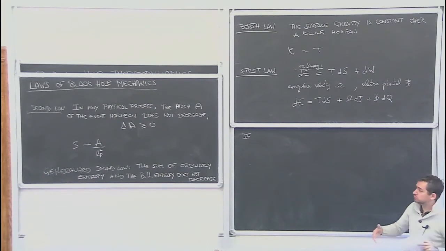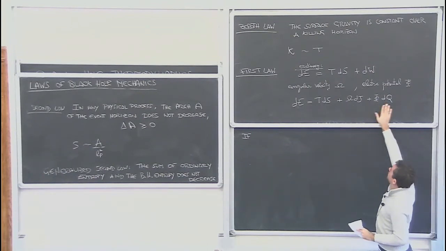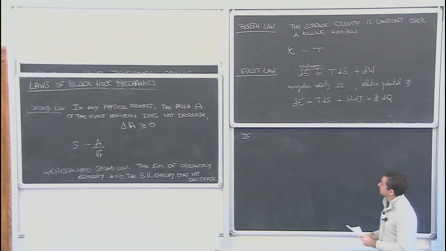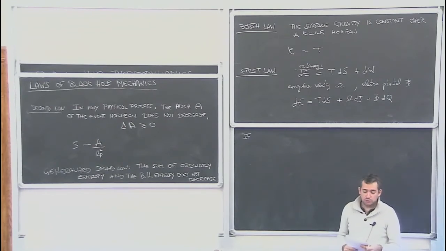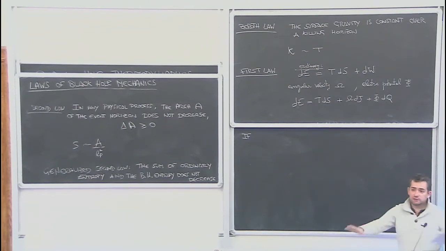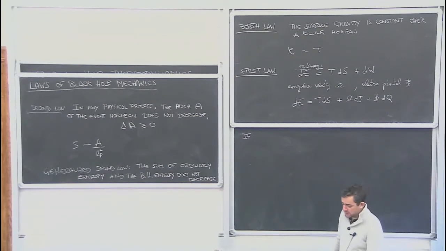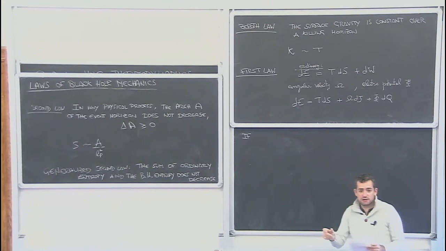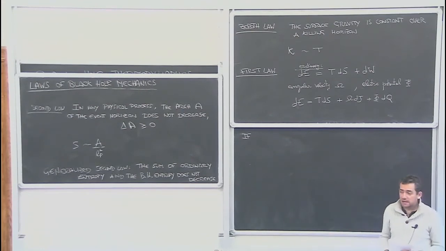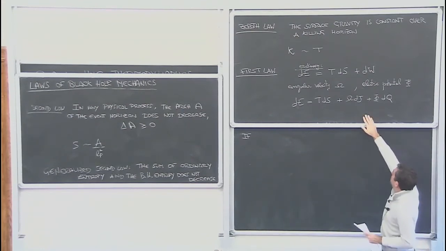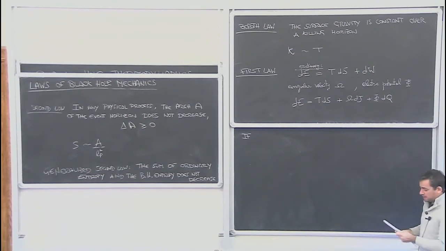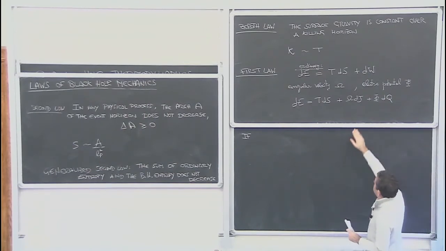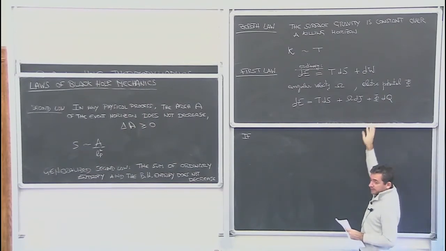We want to obtain a variation of these charges. So we perturb it a little bit in some way, so that it settles down to a new solution, again a solution to the same system of equations, that has a different mass, a different angular momentum, and a different charge. And therefore, we want to see if something like this is satisfied.